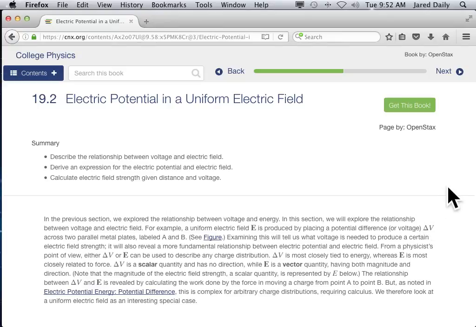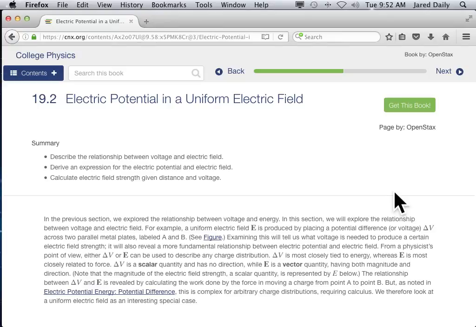So, electric potential in a uniform electric field. So far in this chapter, we've talked about potential energy of a charge as it moves through a distance in a field. And then we talked about the idea of the potential.